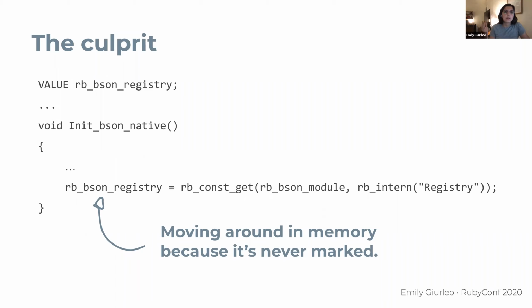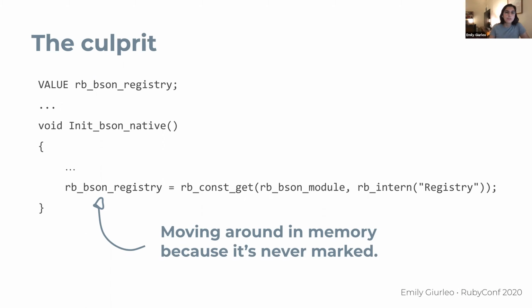This object was being created in the initializer, used throughout the gem, but it was never marked. I believe it never had to be. It was never a problem that it wasn't marked because it was actually a Ruby module, and modules aren't garbage collected. So from a garbage collection standpoint, it actually ended up being fine.